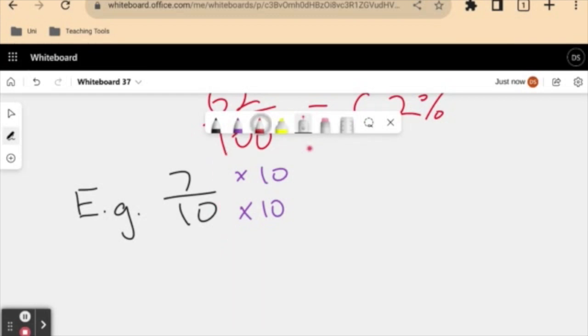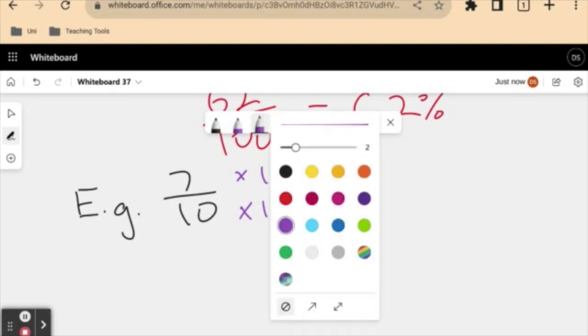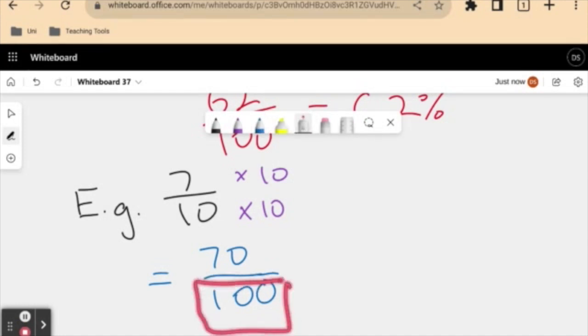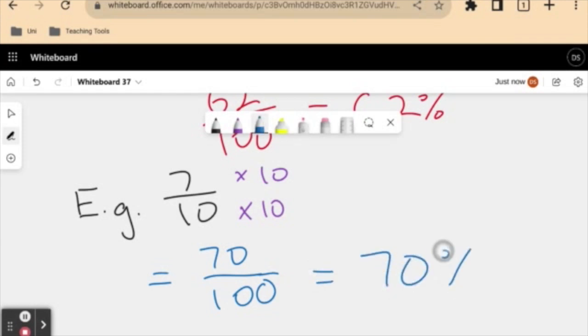So here we will get 70 over 100. Now, this right here is in a form we like to work with because, check it out, we now have a denominator of 100. So therefore, we can say that this just equals 70%.